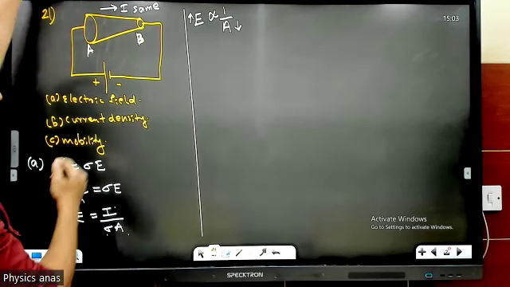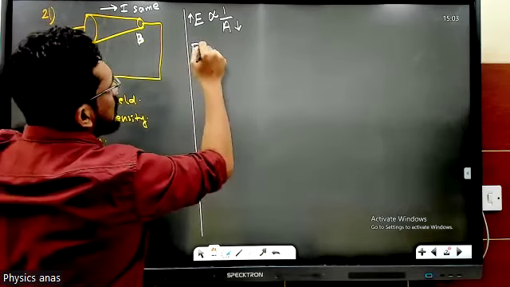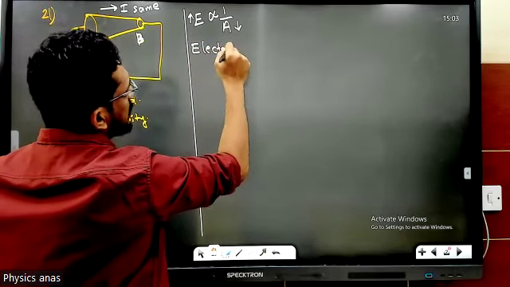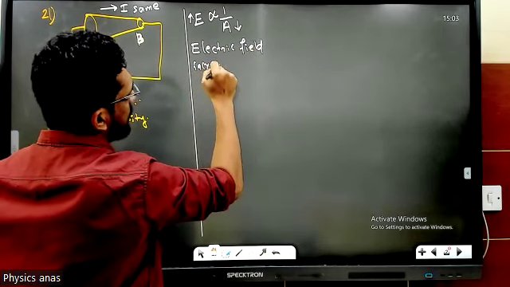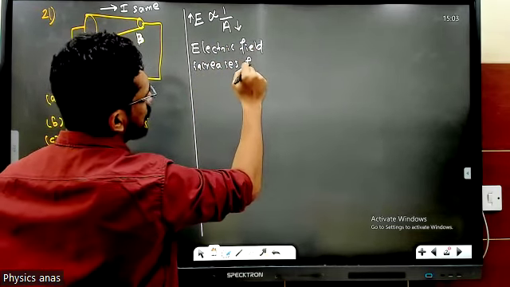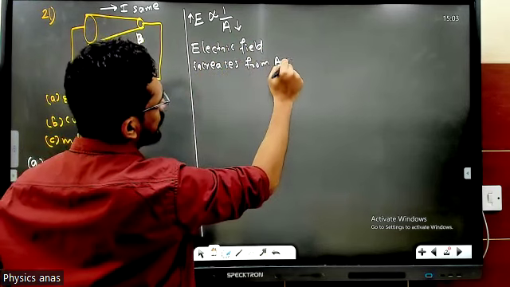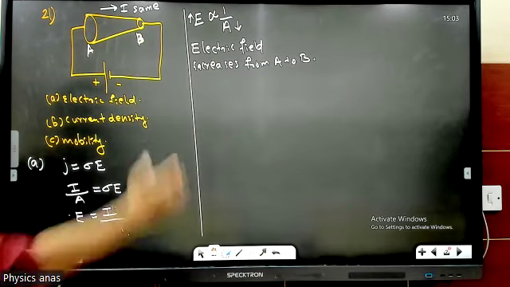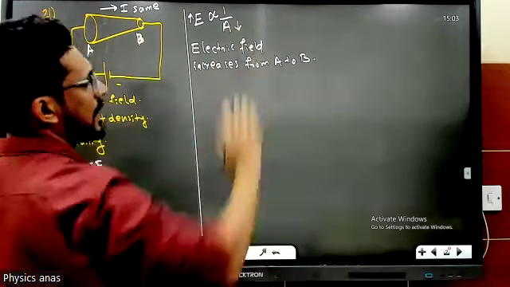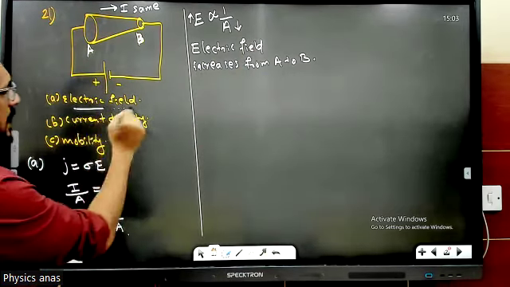So what will happen to the electric field? The electric field increases from A to B. Electric field increases as we go from A to B. That's what happens to the electric field.